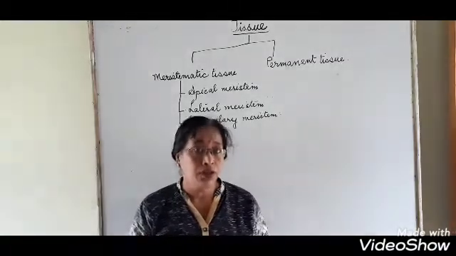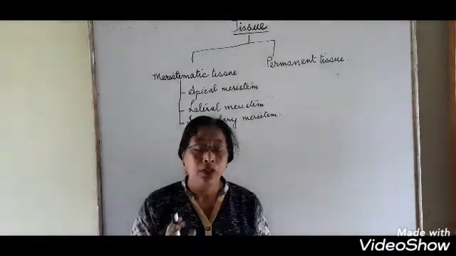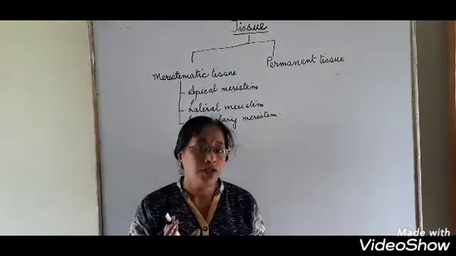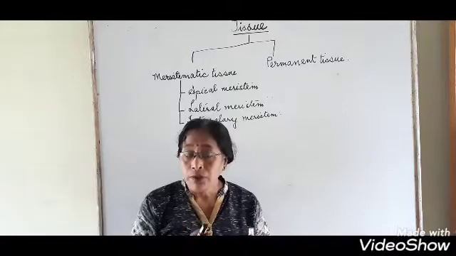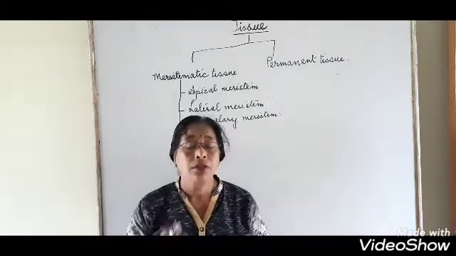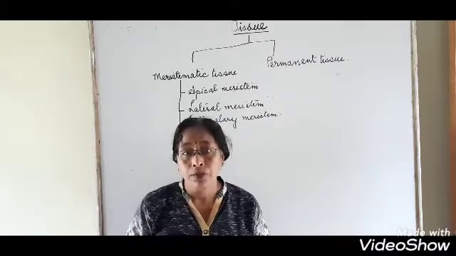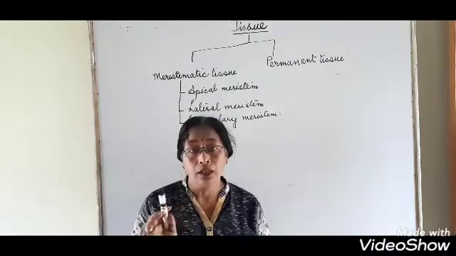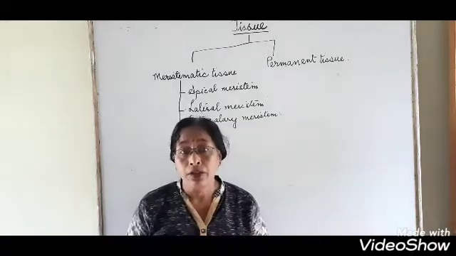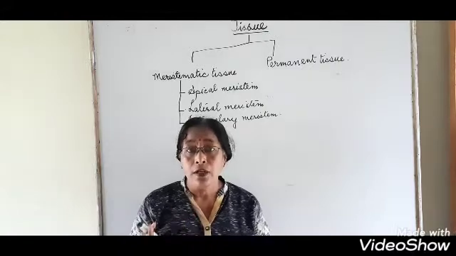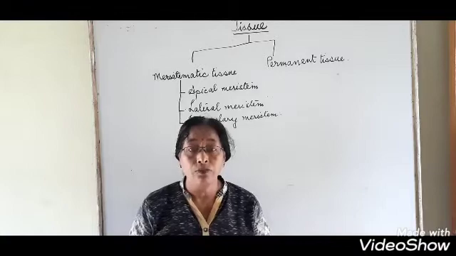What I mean to say is, meristematic tissue gives rise to different types of permanent tissue. So you can say that meristematic tissue plays the role of parent tissue, because it gives rise to different forms of plant tissue.